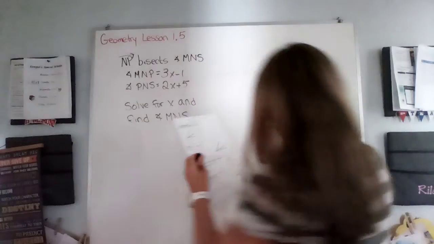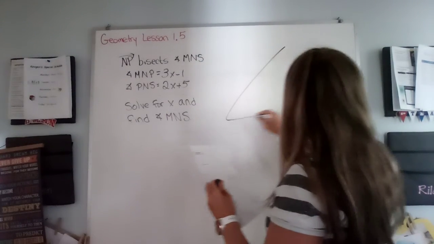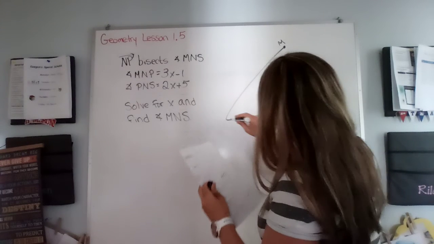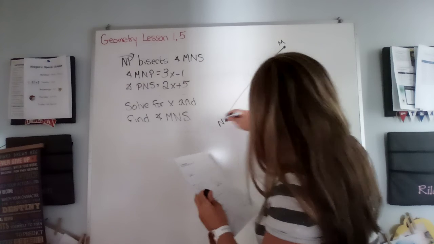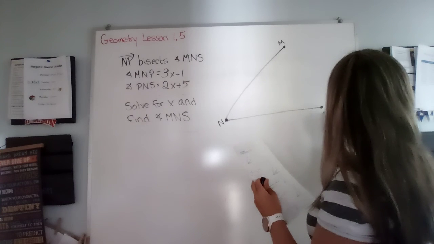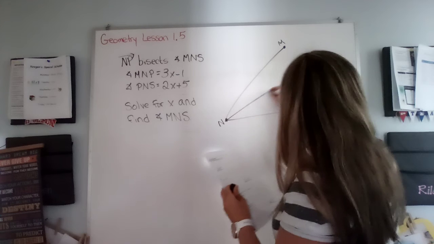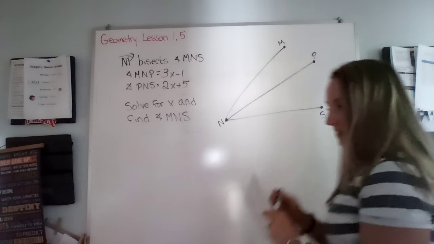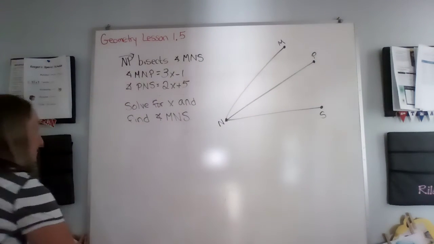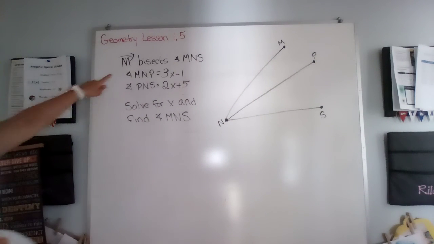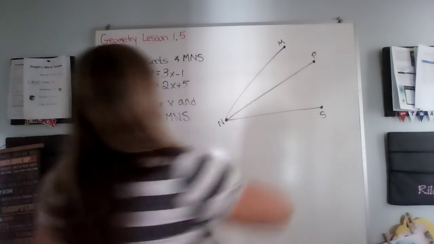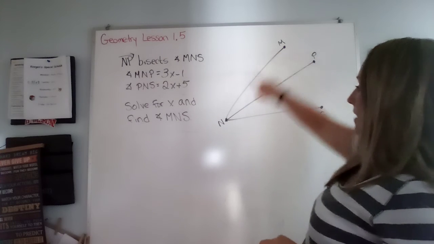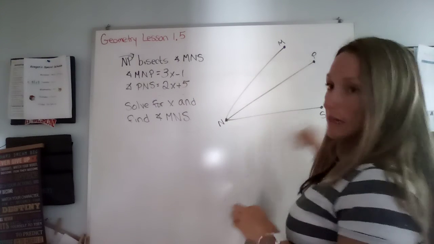So M, N, S, and this is P. All right, so let's read through again and mark up what we need to mark up. As soon as I read that ray NP, so here's ray NP, bisects angle MNS, I know the big angle is being cut in half.